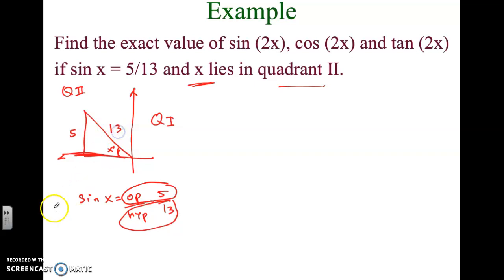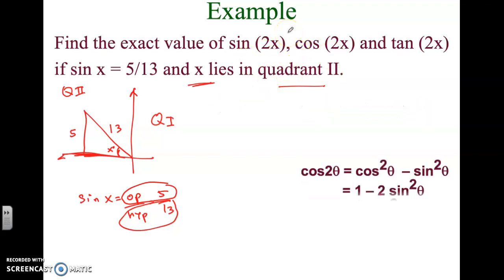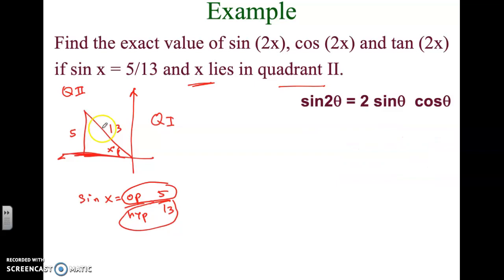They want me to find the sine of 2x, cosine of 2x, and tangent of 2x. To find those, I need the third side of this triangle. I have the opposite, I have the hypotenuse, I need to find this bottom part.